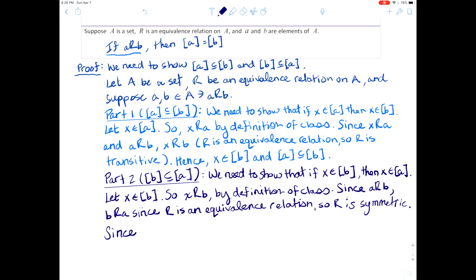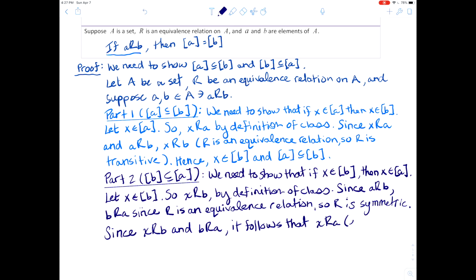Since xRb and bRa, it follows that what? Good. xRa.